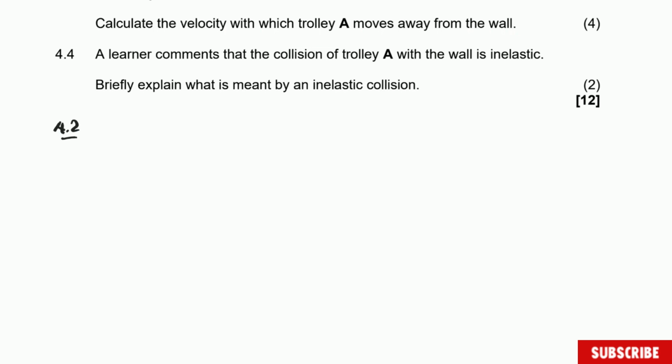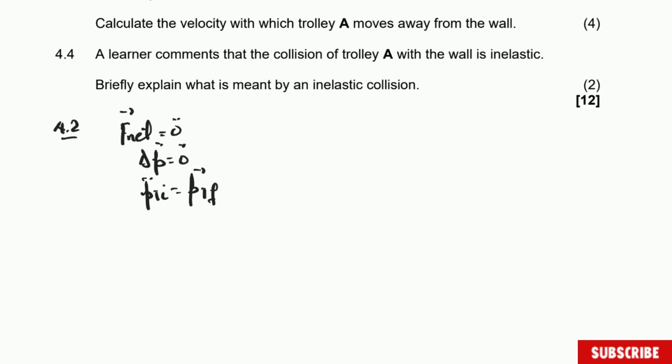Now I'm going to start from the beginning, but you don't have to do that. I'm going to start by saying that when the net external force is equal to 0, the change in momentum is equal to 0. It means that the total initial momentum is going to be equal to the total final momentum. All these are vectors, so let's write the symbol there.